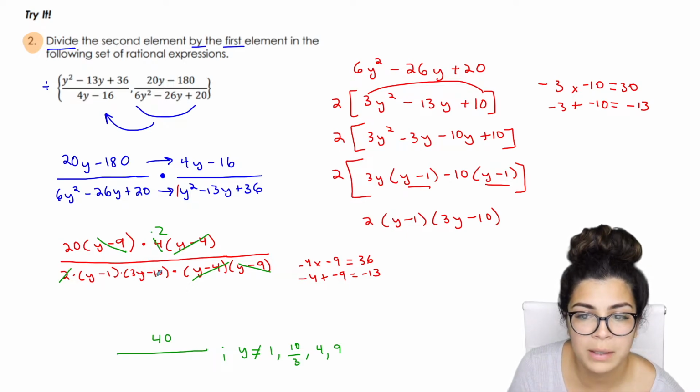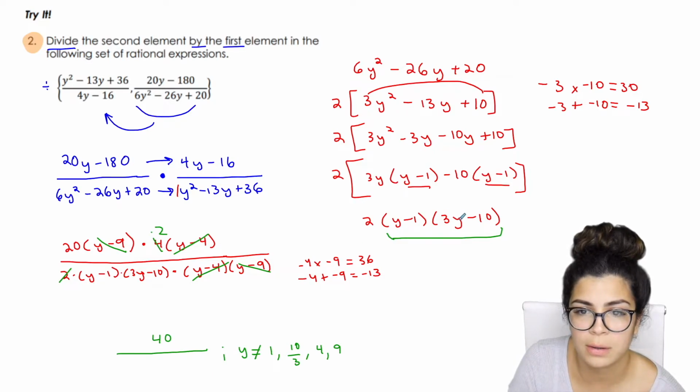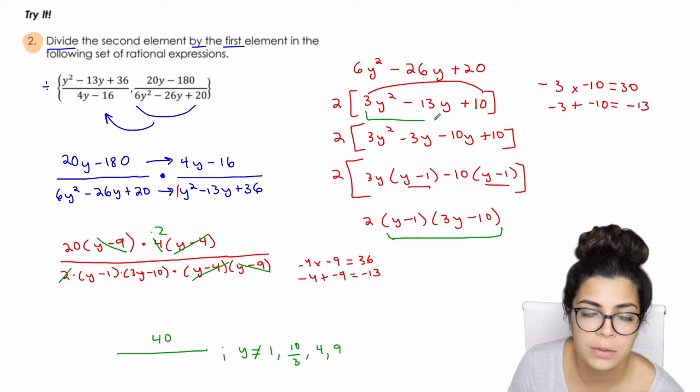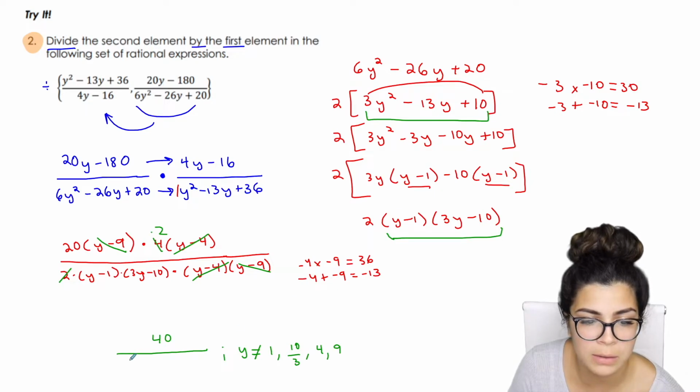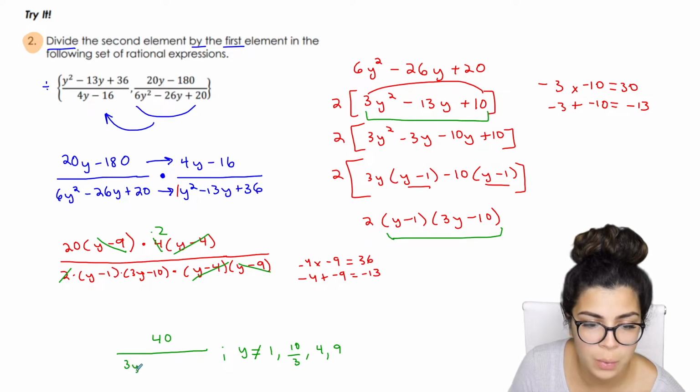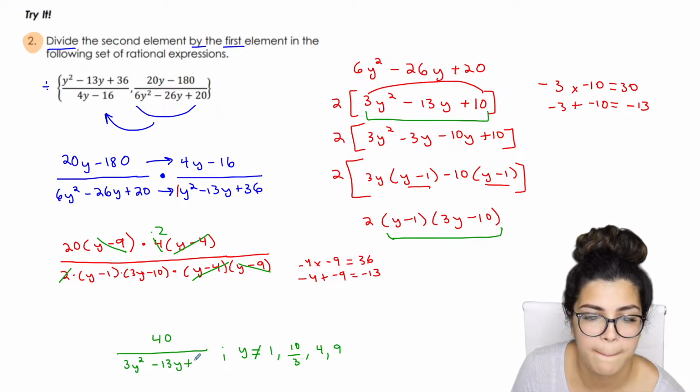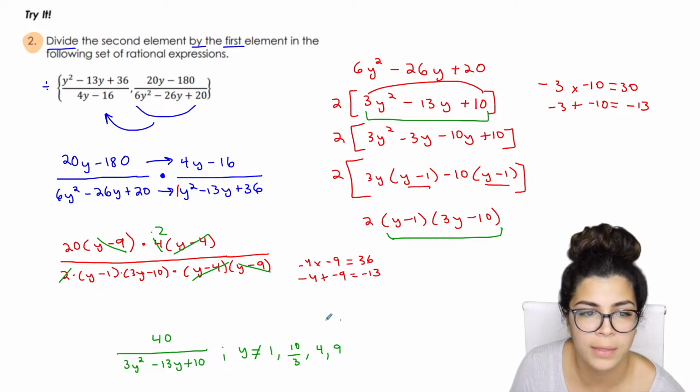Now, y minus 1 times 3y minus 10, I got that from here, which was just this trinomial. So the denominator is 3y squared minus 13y plus 10. And that's number 2.